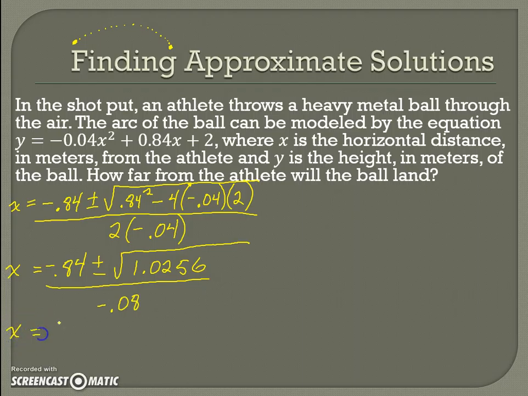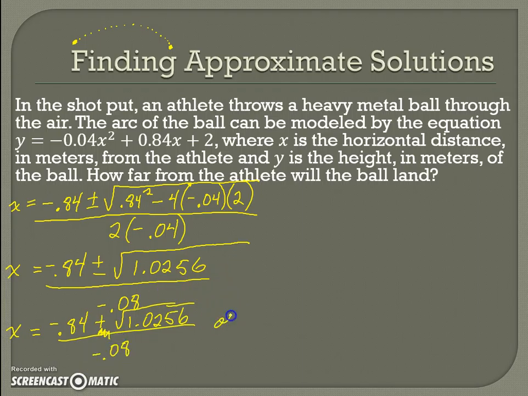Then x equals negative 0.84 plus or minus this big nasty thing. I could do this on my calculator. I'm just going to leave that in the radical on my calculator. So I'm going to have plus this on one side divided by negative 0.08.